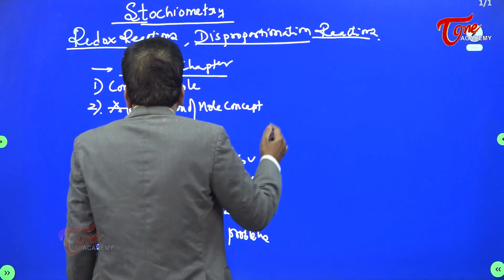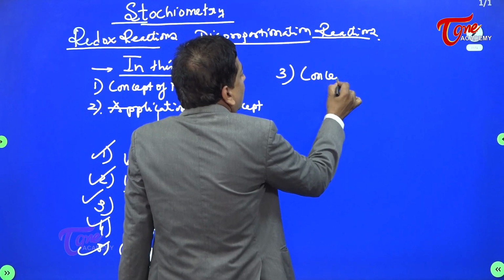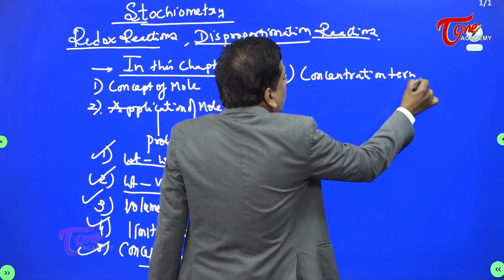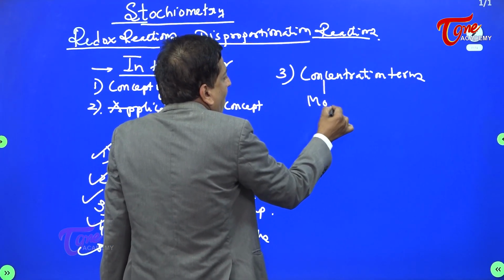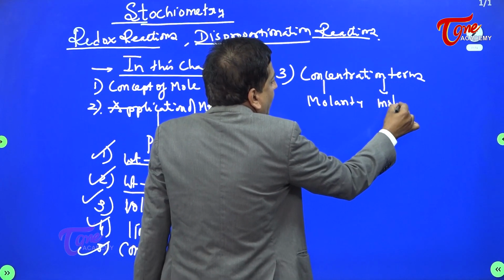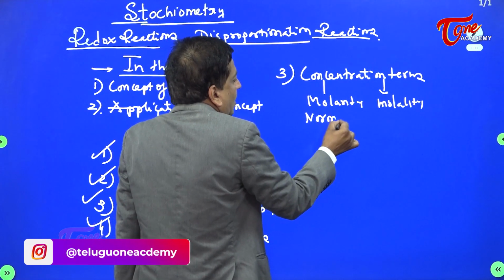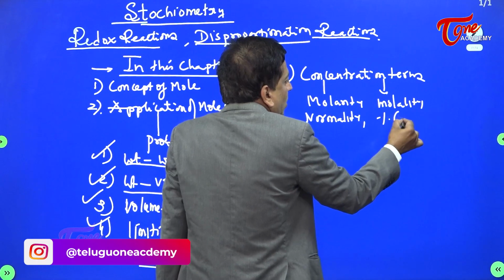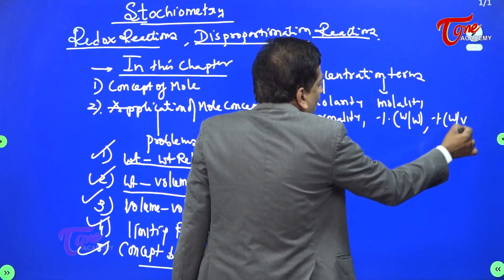Other than that, then you have the third topic. You must know what are concentration terms, which might include molarity, normality, percentages W by W, or percentages W by V, right?